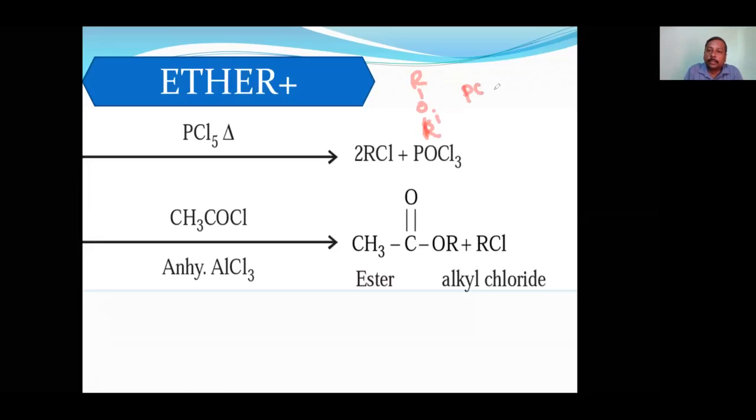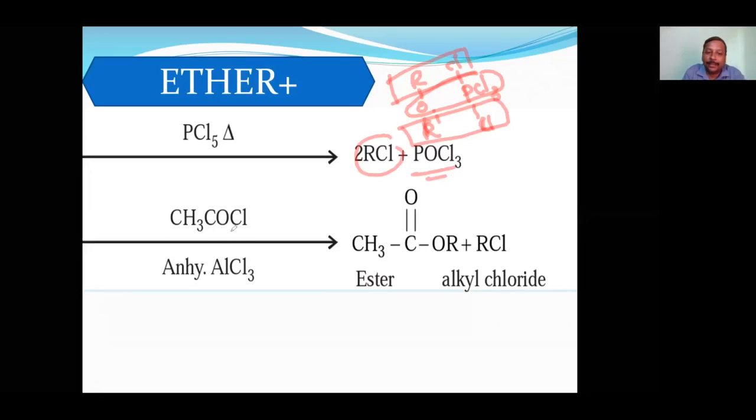The PCl5 structure, I think you all know, is triangular bipyramidal. So cut like this, RCl, cut like this, RCl. So 2 moles of RCl, and the final product is POCl3. You have to be a Bahubali in organic, knowing where to cut and how to cut.